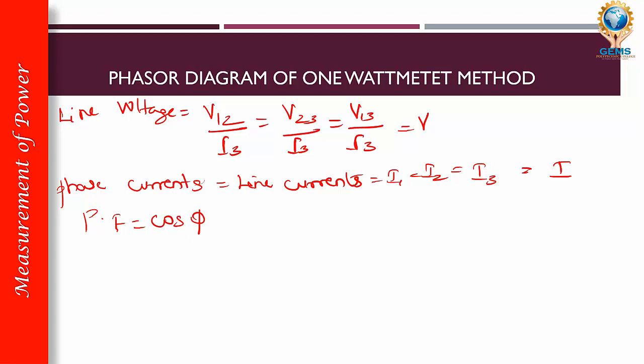Okay, so if we take the phasor diagram, we can always see the current lags the voltage by an angle of 30 degrees.